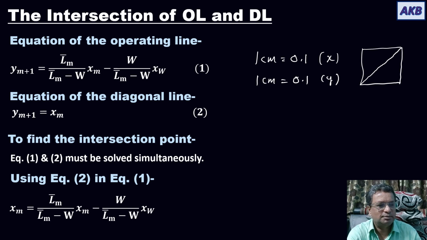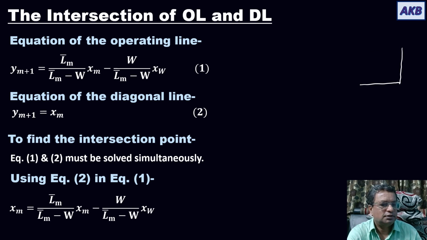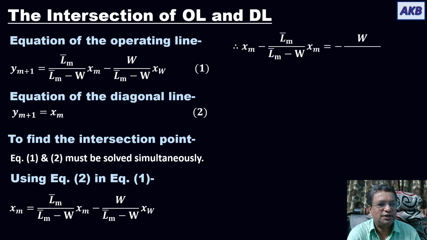Okay, now let us simplify it further. In the next step, I have brought the term containing Xm to one side. That gives me Xm minus L bar M upon L bar M minus W into Xm. This term was on this side, now it is on this side.